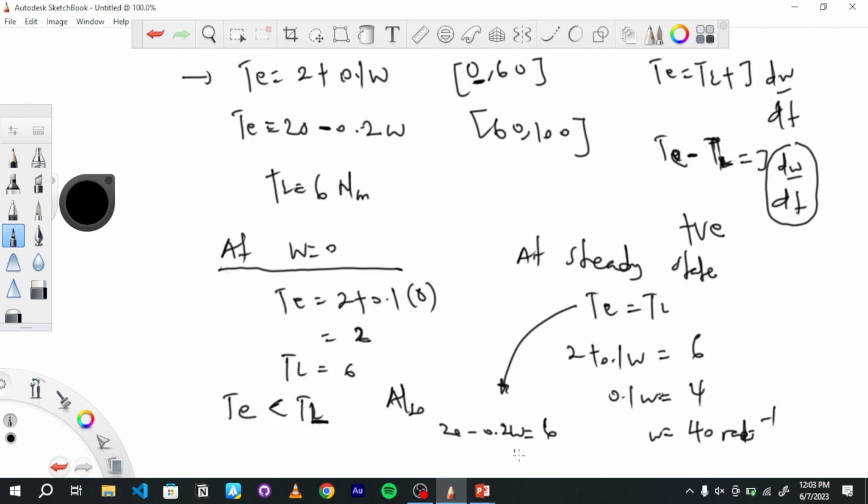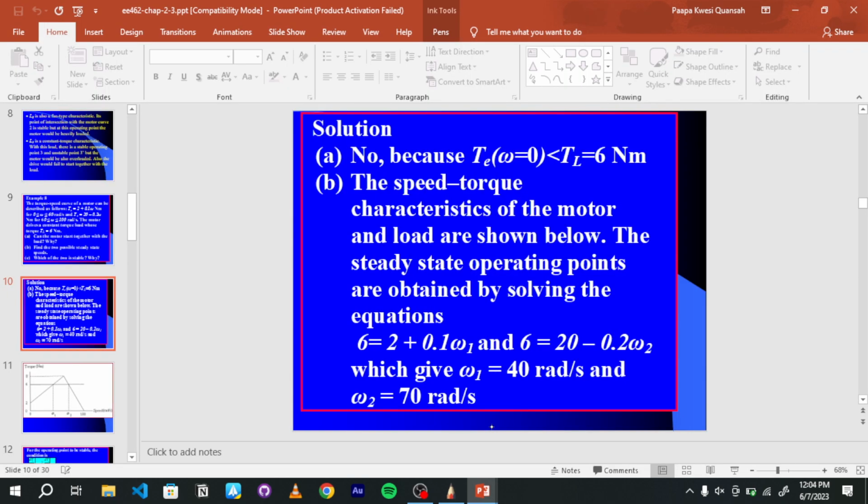Omega is negative 14 over negative 0.2, giving me 70 rad per second. So I'm getting one omega of 40 rad per second and the second omega of 70 rad per second. So if you want to find the steady state operating point or speed, you just equate TE to TL and find the speed. So that's it, 40 and 70.